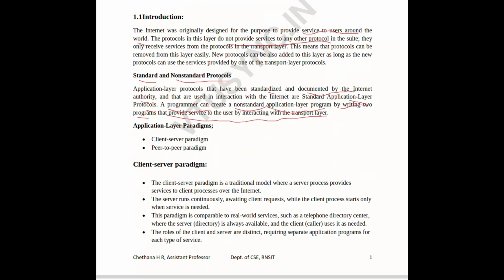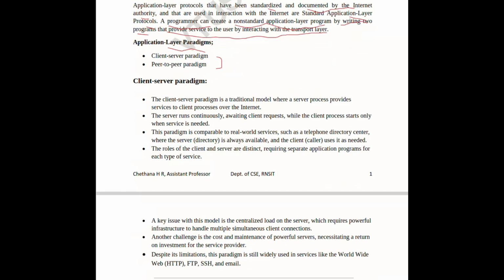Now, the application layer has two types of paradigms, which are the client-server paradigm and the peer-to-peer paradigm. In the client-server paradigm, it is the traditional model where the server provides services to the client processes over the internet.